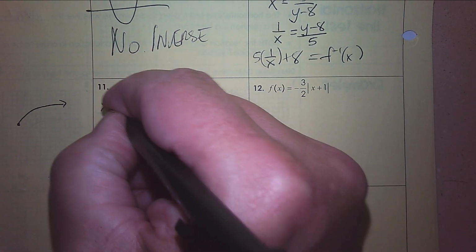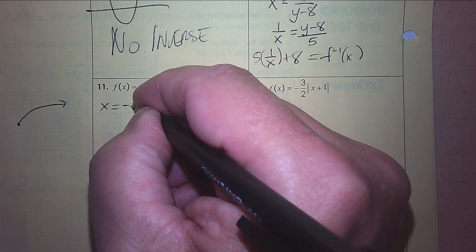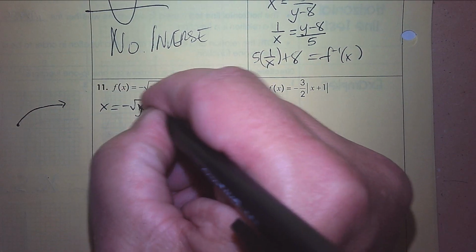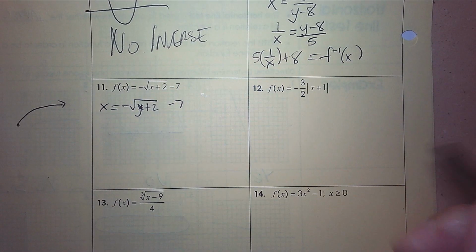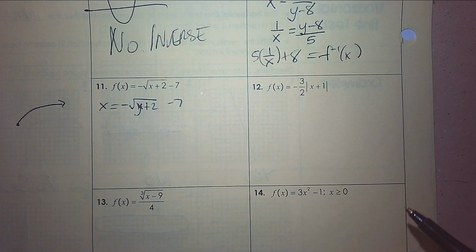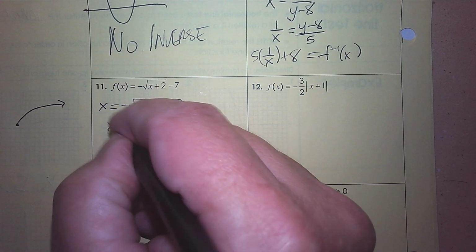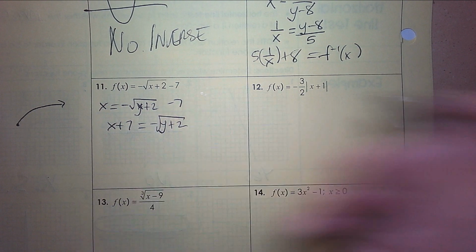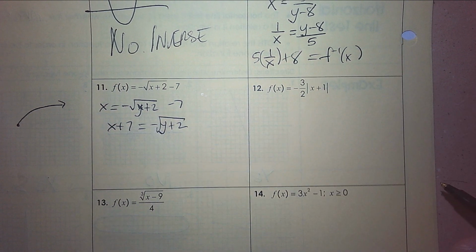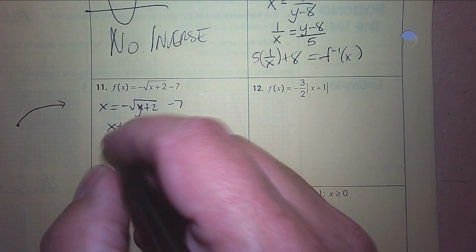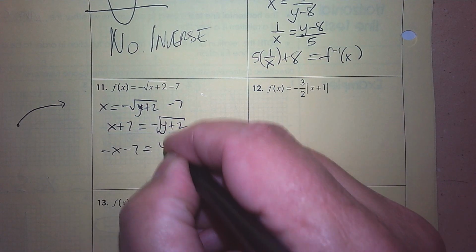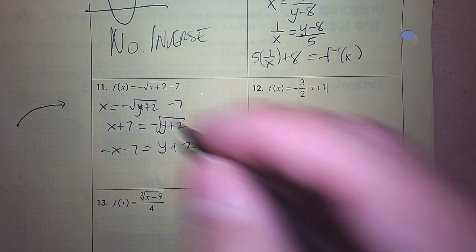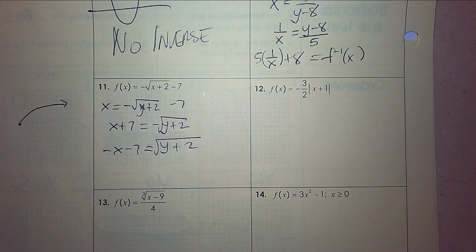So x equals negative the square root of y plus 7, subtract 2. What would you do first to get y by itself? I would add 2. Excellent. What would you do next to get y by itself? Divide by negative 1. And then the big part: you would square it.